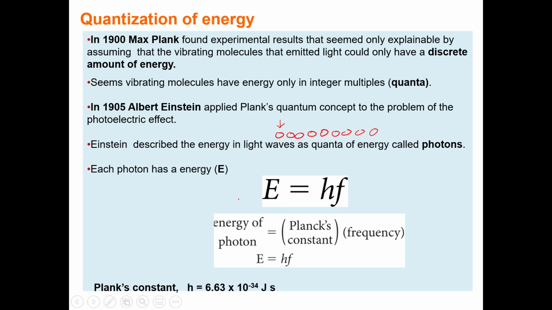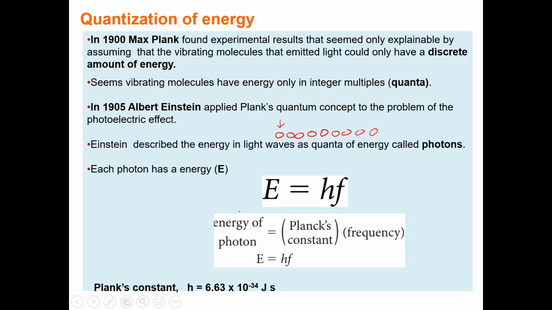Then Albert Einstein proposed this equation to calculate the energy for each quantum, or each photon, in the light ray. This is the energy just for one photon. Yes, just for one photon. The light is made of billions of photons, but this is the energy for just one photon.